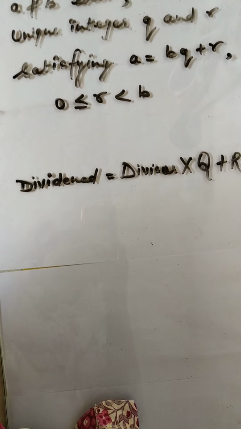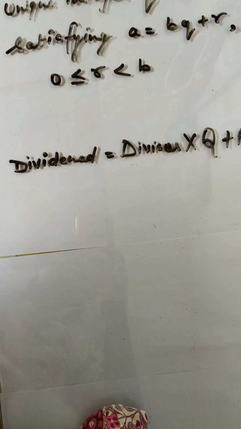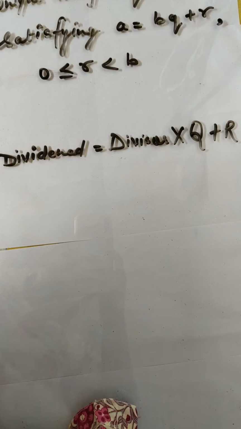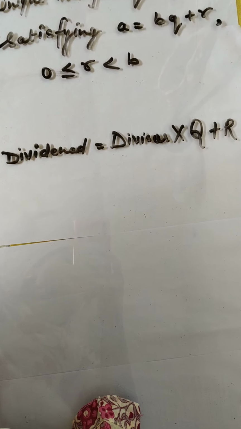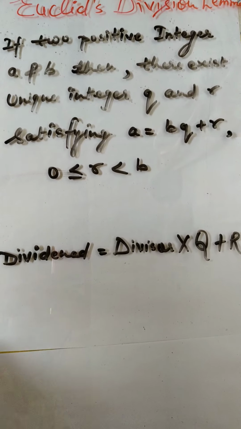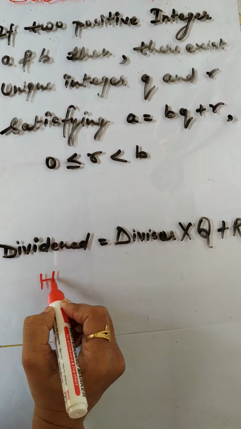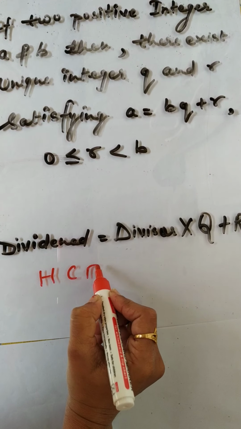It is just like your childhood concept: dividend is equal to divisor into quotient plus remainder. By using this lemma, we can find the HCF of two numbers.